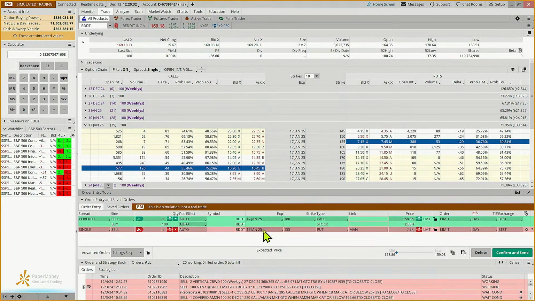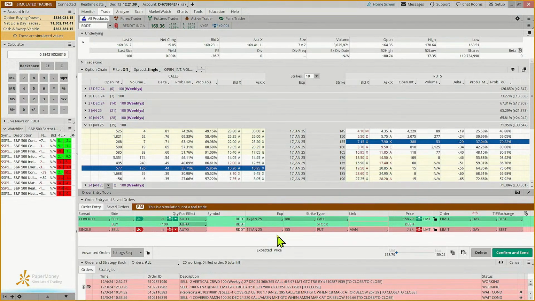But what does that potentially do? It adds another potential $7 profit to this trade. And so now we have the opportunity, on a net $151 investment, to make up to $28 divided by, call it, 152. Now that's an 18.4% gain potentially.